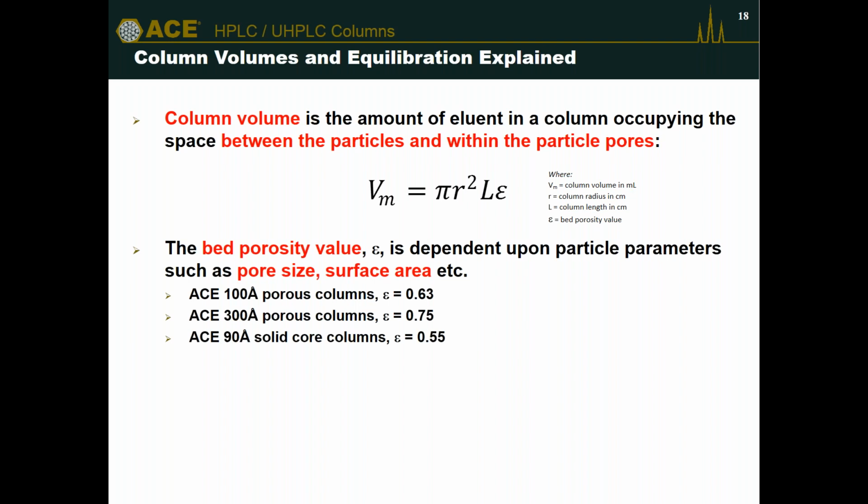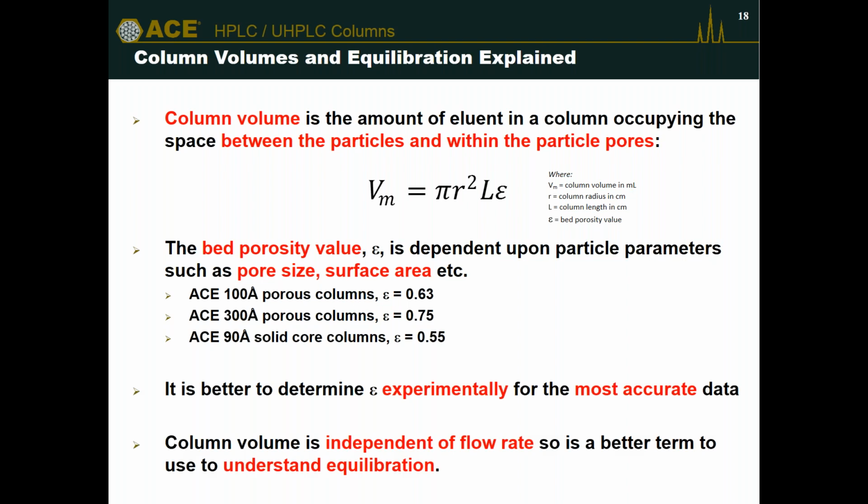Now that porosity value depends on the properties of your particles, and I've given the porosity values for the ACE columns on the screen there. The important thing here is these values are specific for ACE columns because of the particles we use and the way that we pack our columns. If you use other vendor columns, then these values may need to be determined, or you can contact those manufacturers for their specific values.